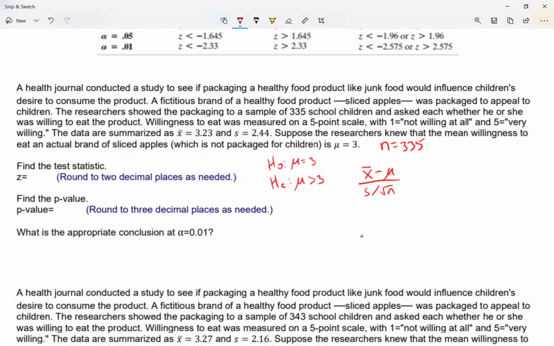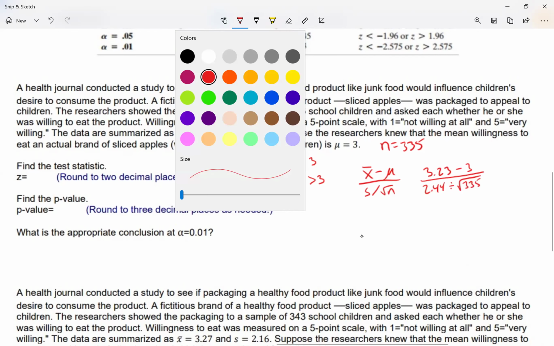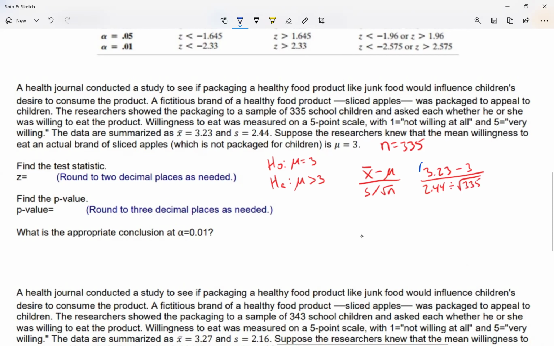In this example, it's 3.23 minus 3, all of this over my standard deviation 2.44 divided by the square root of 335. We talked about how to type this on a calculator. Remember, I use parentheses.